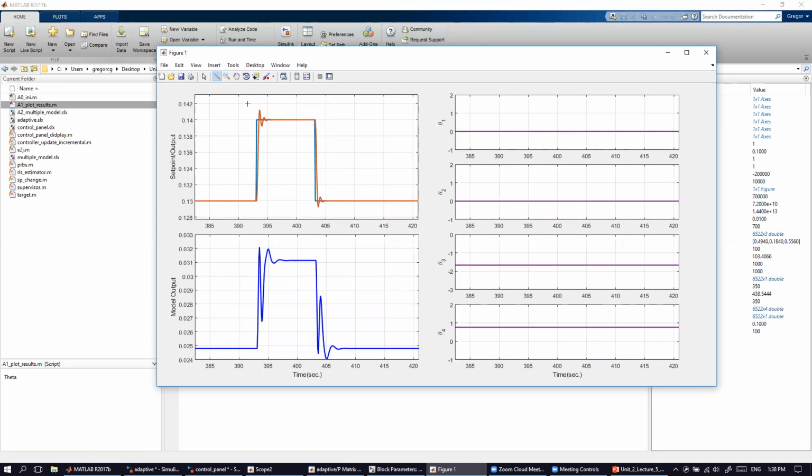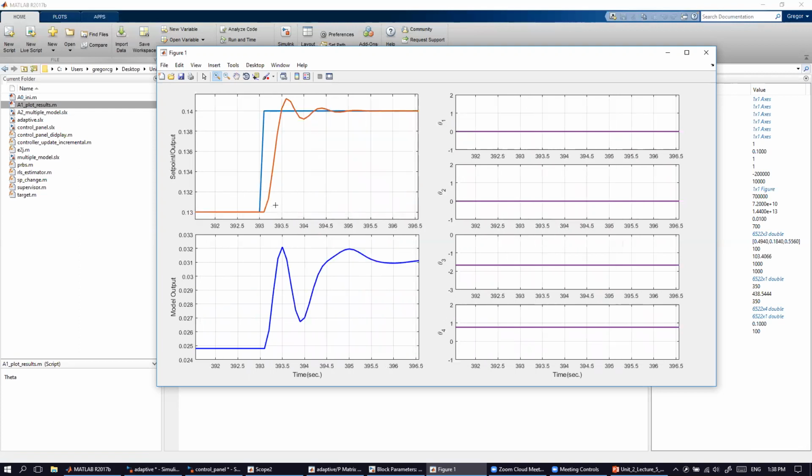And what do we see? With the parameters identified at the lower operating point, the response is different. It oscillates more and it has a higher overshoot.